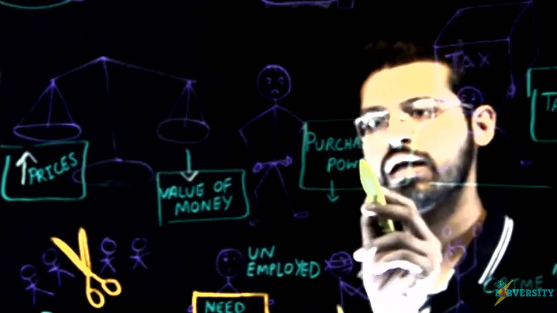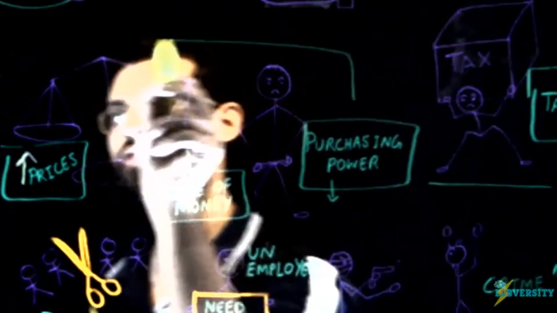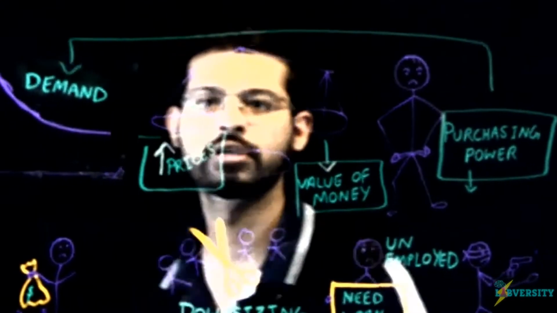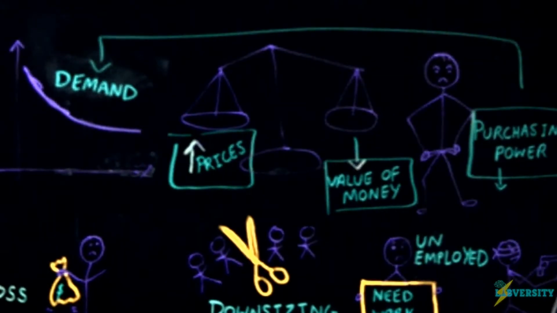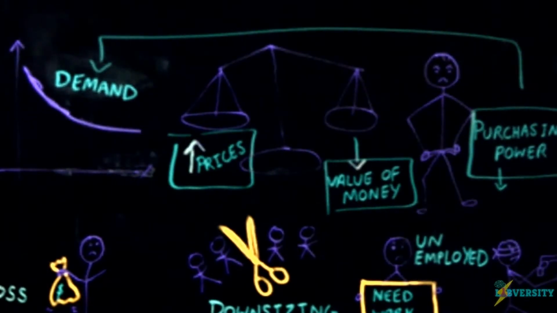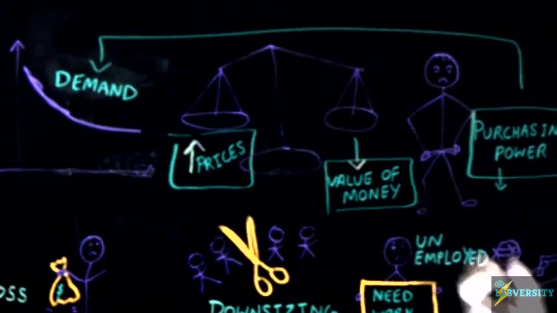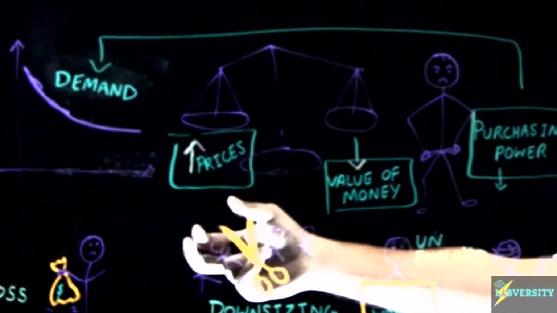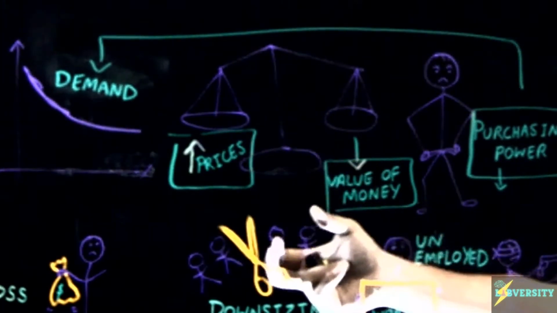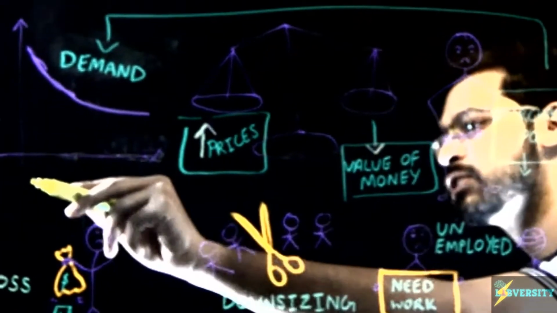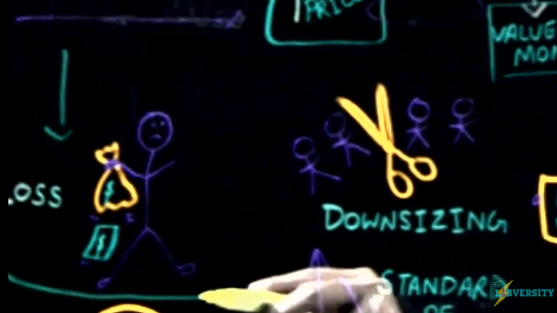Now, this leads to lower demand for goods that are being produced in Pakistan. When there is lower demand for goods being produced in Pakistan, it means that the industries would also go into loss.